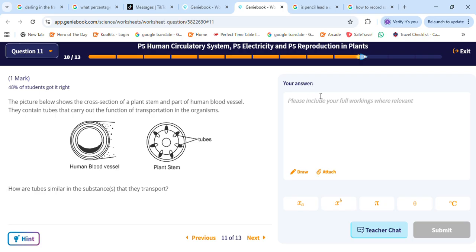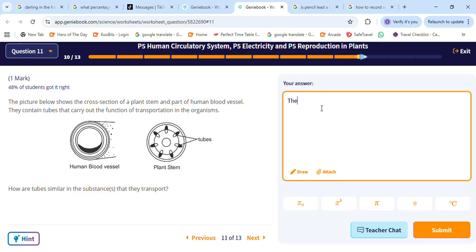They both help to transport good substances, helpful substances, useful substances.